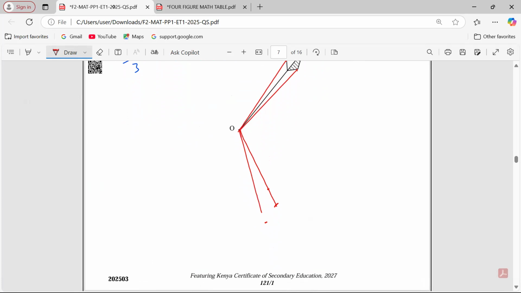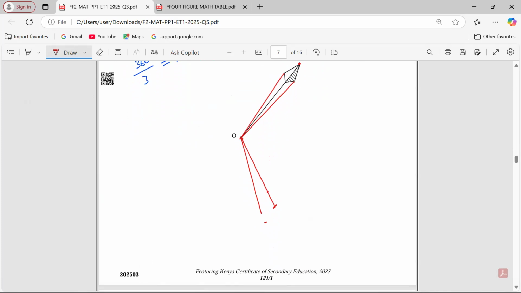That way. Then the middle one through 120. We also measure 120. That way. So that is how we do it.